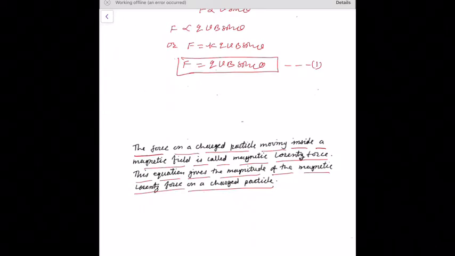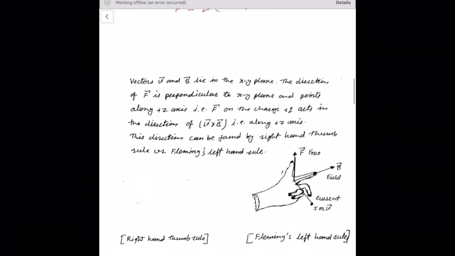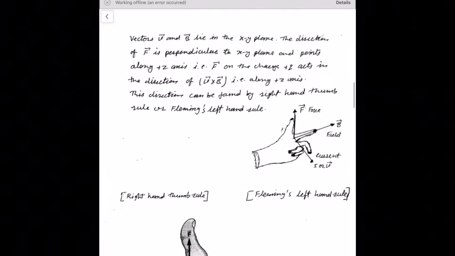In vector notation, we can write F vector is equal to q into v cross B vector. Clear? Next, vectors v vector and B vector lie in the xy plane.